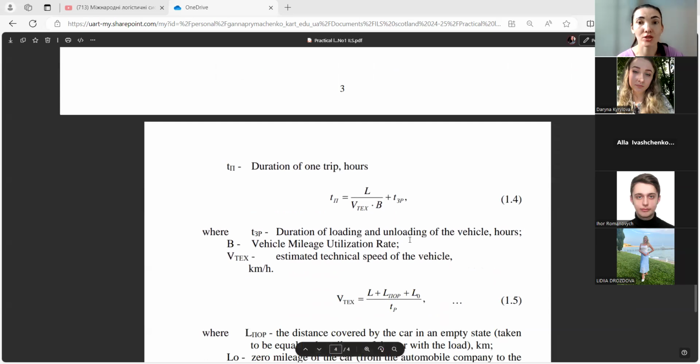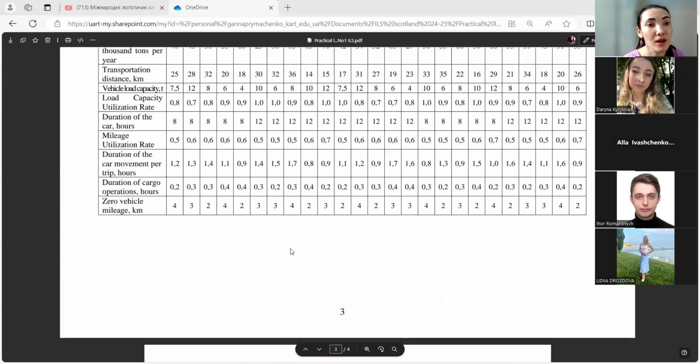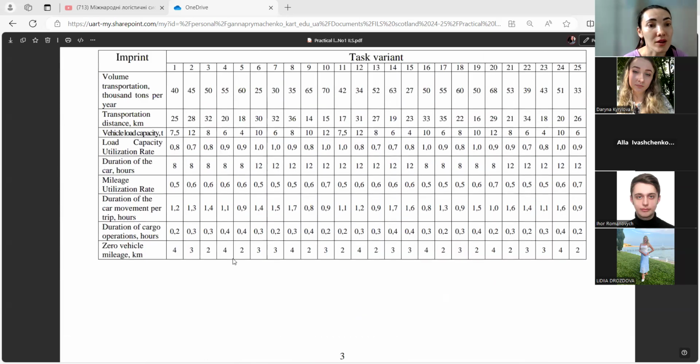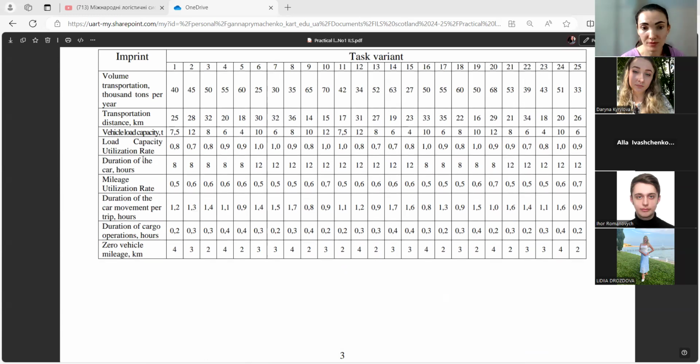Duration of loading and unloading of the vehicle. We have duration of cargo operation and duration of the car movement per trip and duration of the car. Maybe I think it is the duration of the car. It is all the time when the car can work.